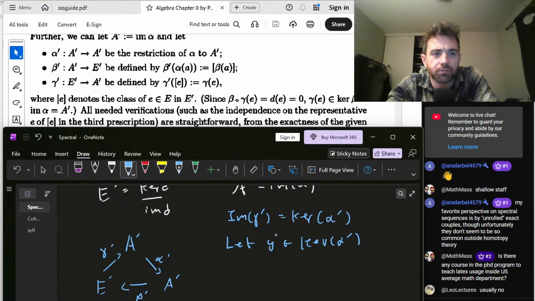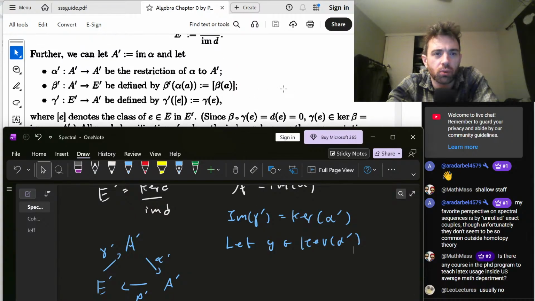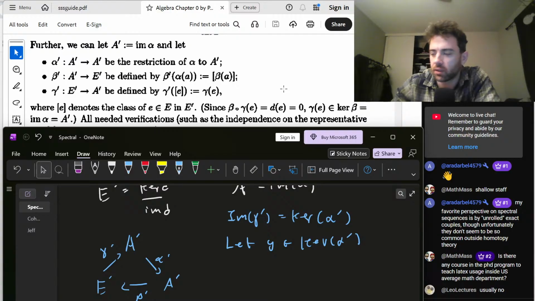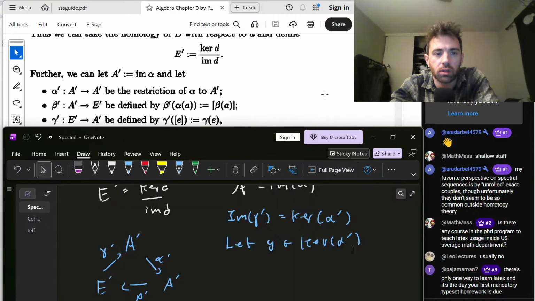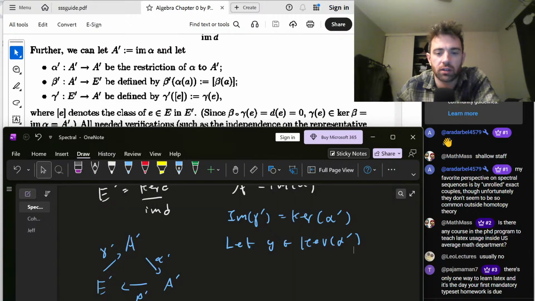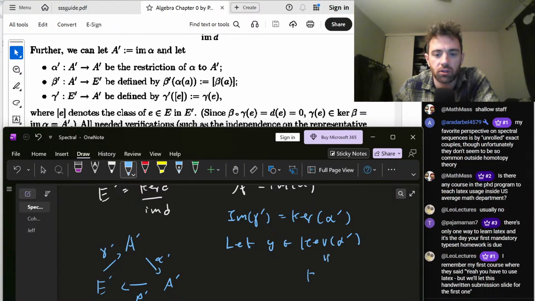Okay, so let's see. What does that mean? Well, this is just the restriction. Alpha prime was just the restriction of alpha to A. And so this means that y is in the kernel of alpha, which means that it's in the image of gamma.